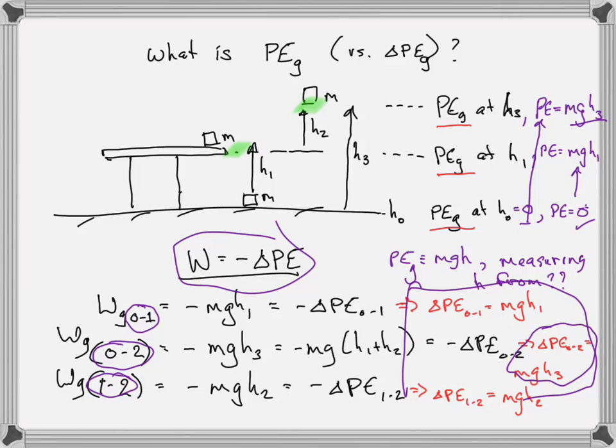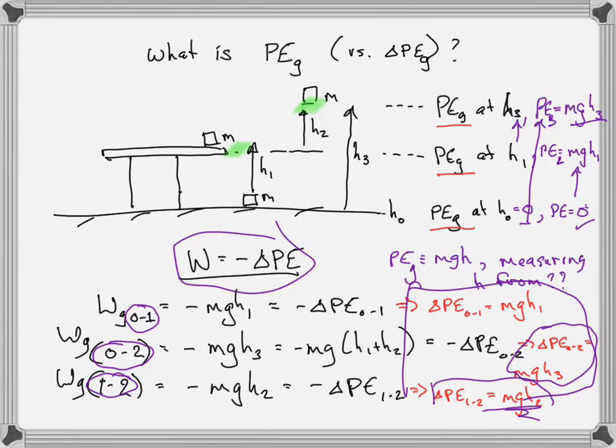It's mgh3. Okay, good. The change in potential energy going from 1 to 2 is mgh3 minus mgh1, right? It's potential energy final, at 3, minus potential energy initial, at 1, which is indeed mg times h3 minus h1, and h3 minus h1 is h2.